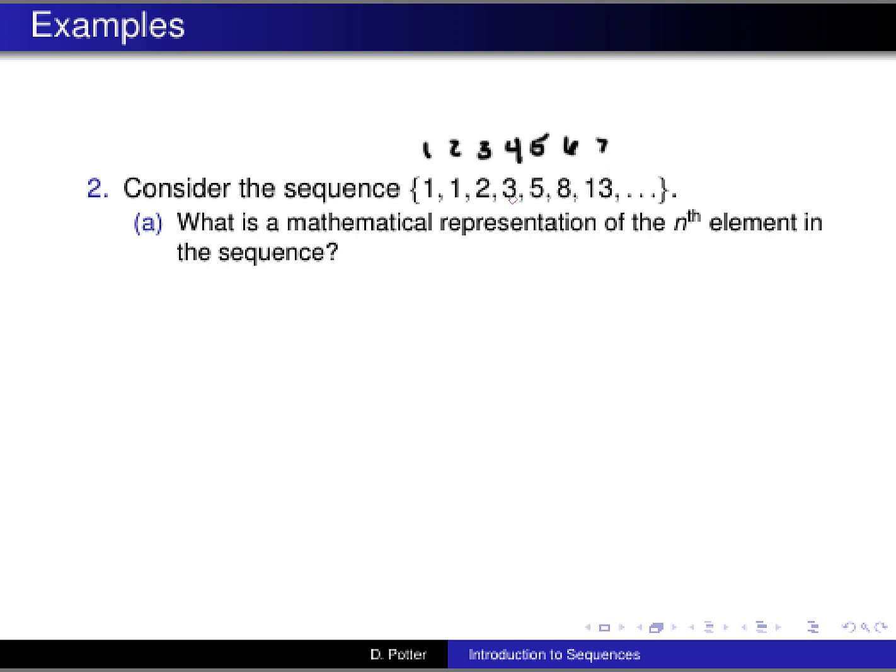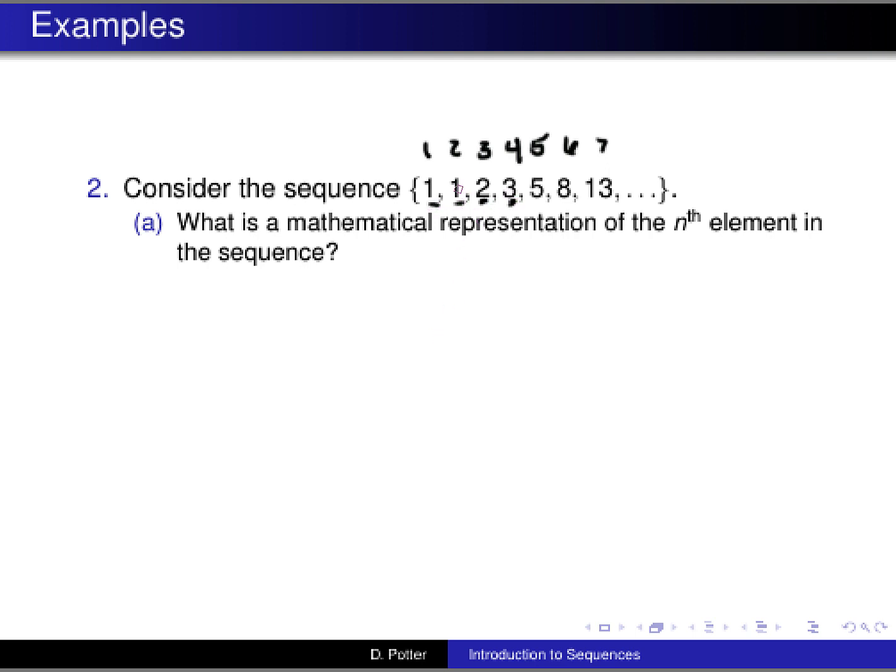I mean, 3 is maybe 4 minus 1, but now 5 is 5. 8 is 6 plus 2. Yeah, just a quick look, I don't see a lot of relationship, but I can notice something here, that 2 is 1 plus 1.